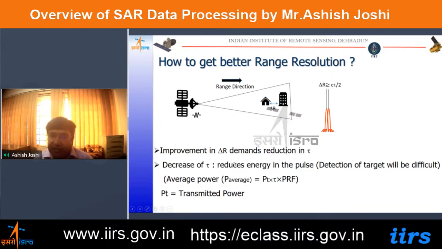But decreasing tau also reduces the energy in the pulses, because the average power is given by the transmitted power times tau times PRF. If we decrease tau, then the average power or the signal power will decrease. So that is not a solution. We cannot decrease tau beyond some level. So what is the solution?